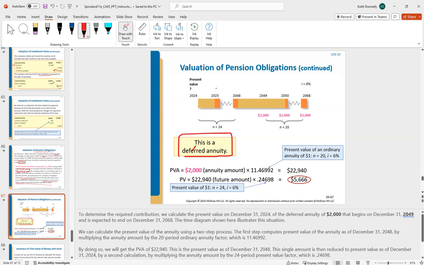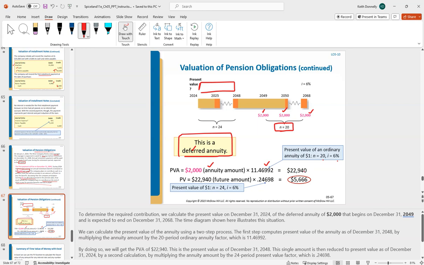It's deferred because we have this sort of fill-in-the-blank space there before it kicks in. Then once it kicks in, we're paying him $2,000 a year for 20 years. We basically just use the annuity stuff here, right? It's $2,000 a year times the factor there, 20 years, 6% rate of return.